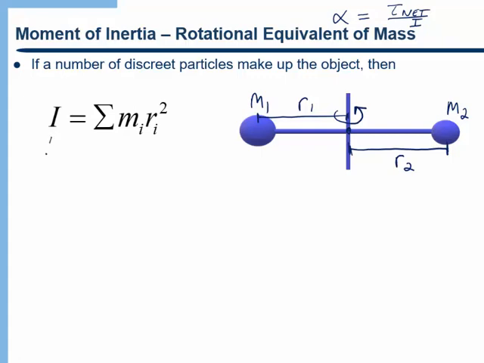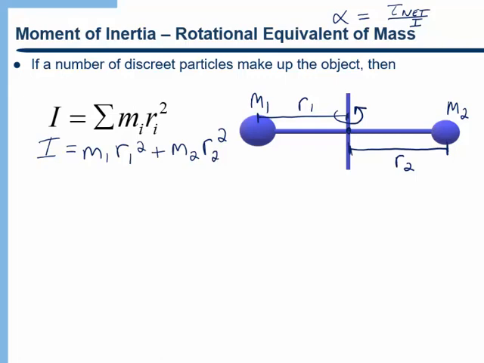So in this example, I would have m1 r1 squared plus m2 r2 squared. That's how I would calculate the moment of inertia for that object rotating about that central point.